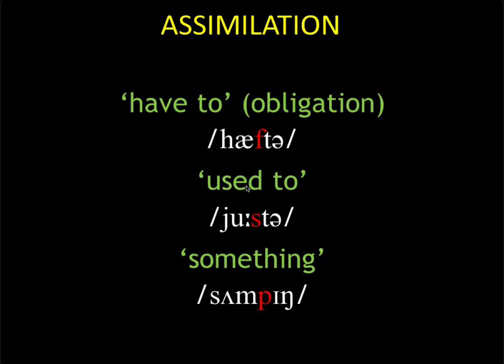The same thing for used to, used as that modal expression for routine and repeated actions, might be pronounced as used to. And something, in very rapid connected speech, especially in some dialects of the United States, might be pronounced something.